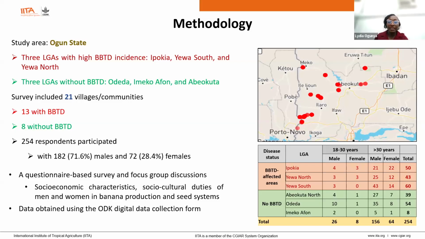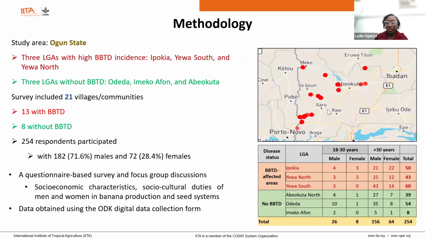In total, we had 71.6% male represented in our sample size and 28.4% female. We used a questionnaire on the ODK collection form, and we also engaged in focus group discussions for some of the objectives. The socioeconomic characteristics and sociocultural activities of men and women in banana production and the seed system were also covered.